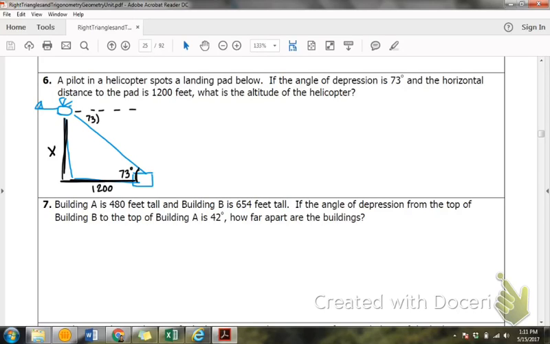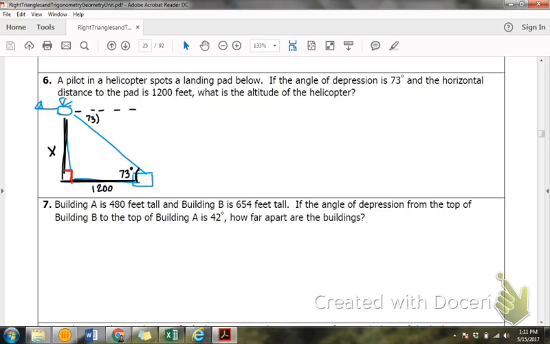So now that we have our diagram correct, my angle is 73. So Kara, what is x representing? Is it opposite or adjacent or hypotenuse? Hypotenuse is always across from your right angle.